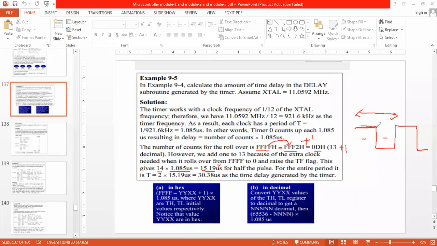A pulse has a variation in the on time period and off time period. Say a 60% duty cycle: then the time period for T on will be more and for T off will be less. And how to do that? By calculating the total time period.